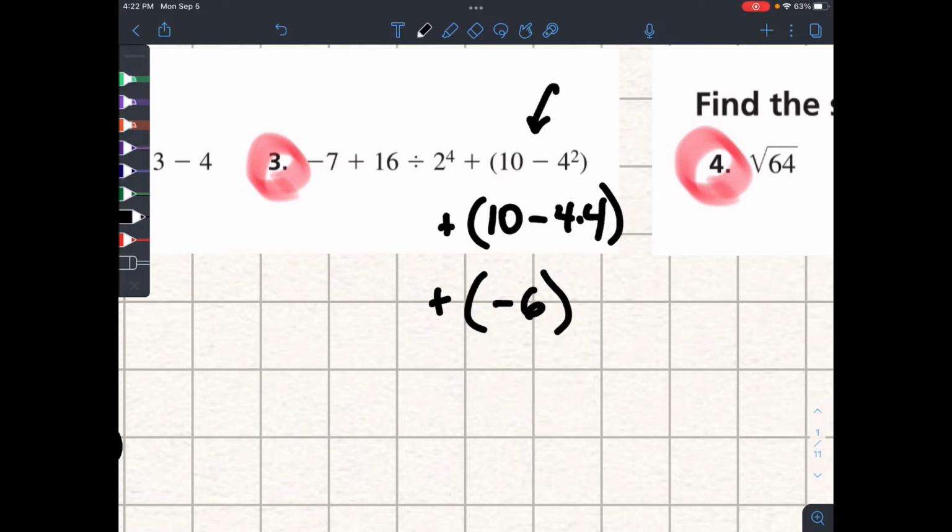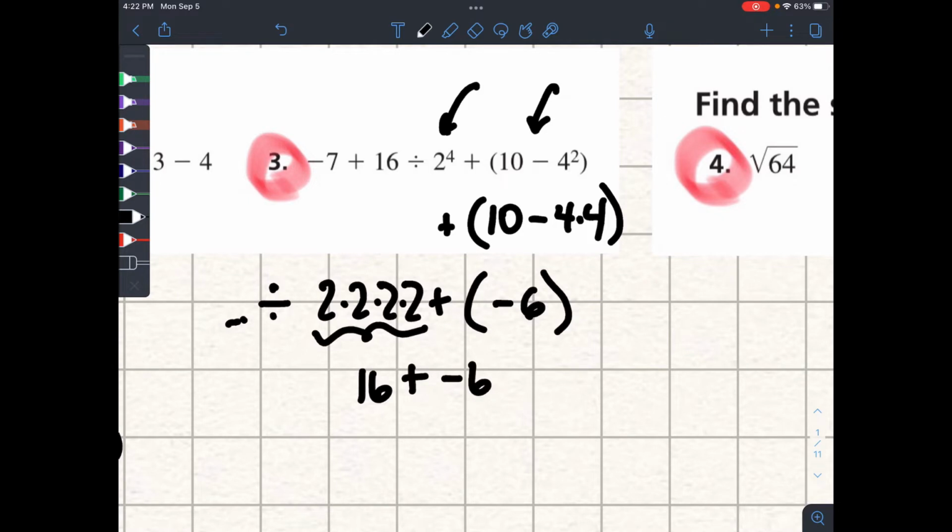Next I'm going to do my exponents, which is 2 to the 4th. So that means I have a 2 times 2 times 2 times 2. I've got some other stuff in front of this, but I'm going to ignore that for the moment. Okay, so 2 times 2 times 2 times 2 I think is 16, plus -6.